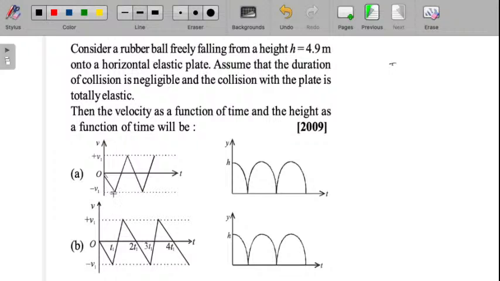Then at one point what happens, the velocity just becomes reverse. Why?